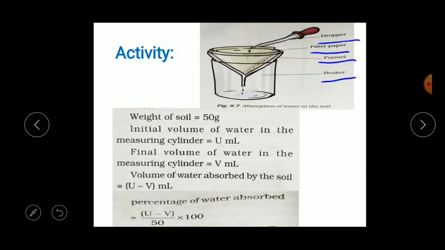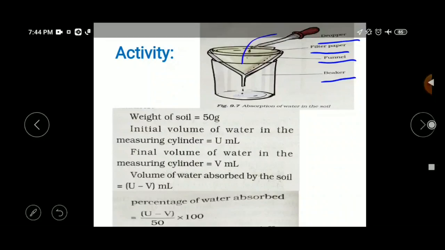These are the apparatus we use in the laboratory to perform experiments. First, take a plastic funnel and a filter paper. Fold the filter paper and place it in the funnel like this. Then take 50 gram of dry powdered soil and pour it into the funnel.